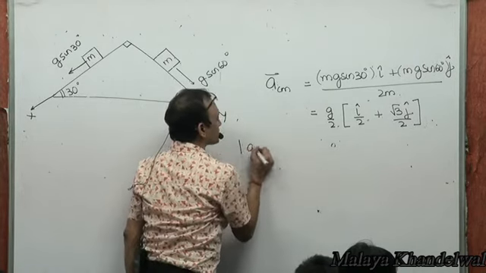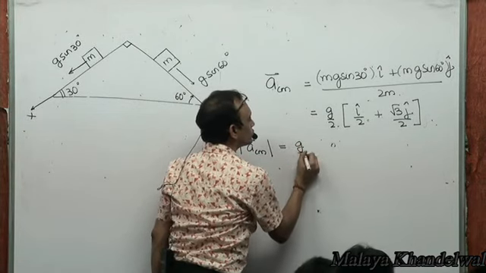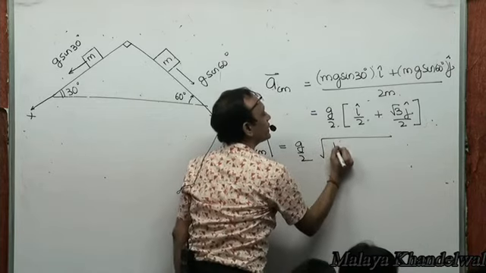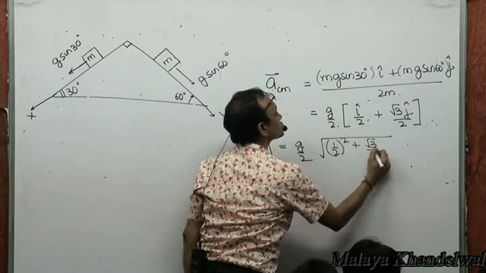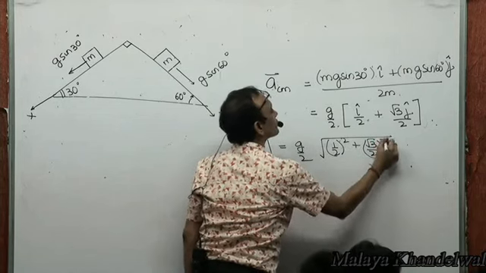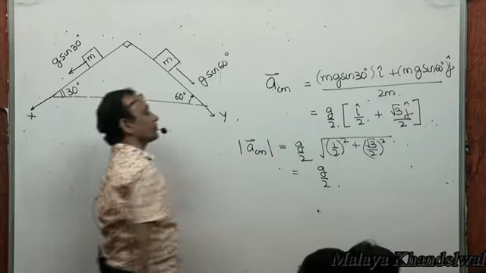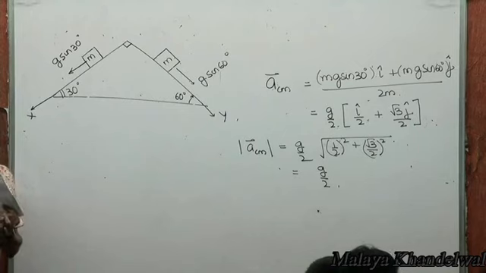So the magnitude of the acceleration of the center of mass is going to be g by 2 into root of (half squared plus root 3 by 2 squared), which is g by 2. Yes or no? That's the acceleration of the center of mass.